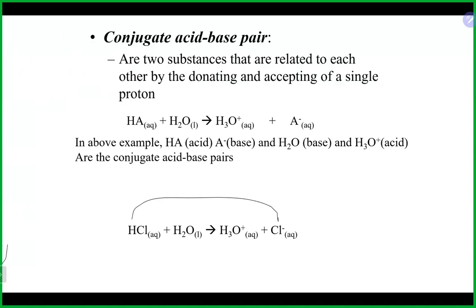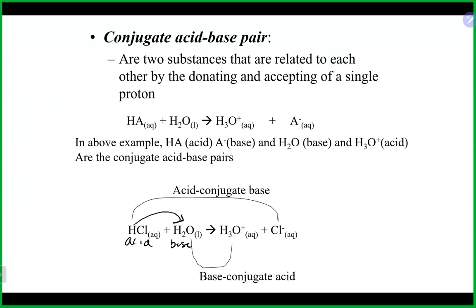So here again, if we look at water in this case with our HCl, this is going to be our acid and our water here is going to be our base, and that means the acid is going to donate that H plus over. When it does so, the acid will lose an H plus and be left on the other side as the conjugate base, as Cl minus.